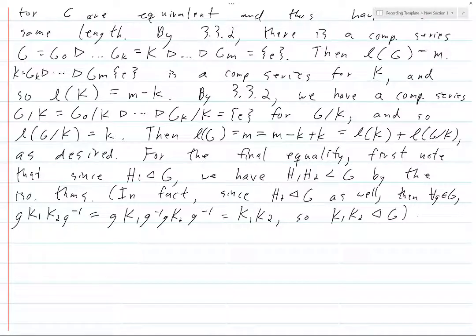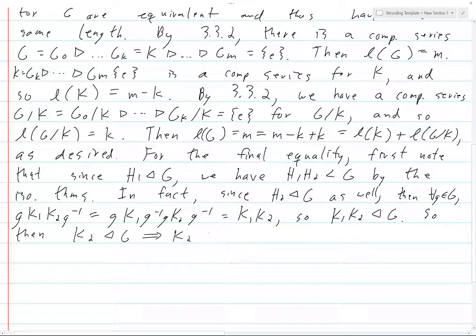So, let's see here. What we really want is we want K2 to be normal. Oh no, we do want this. Because, so then K2 is normal in G implies K2 is normal in K1 K2.